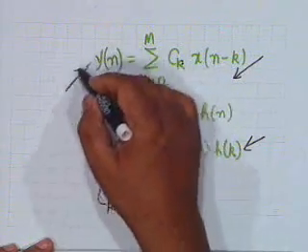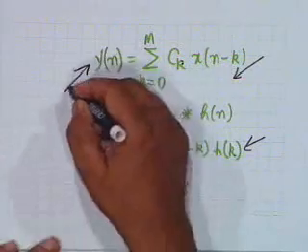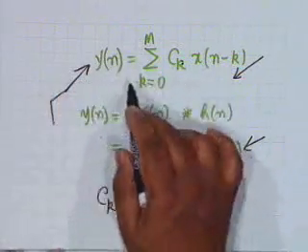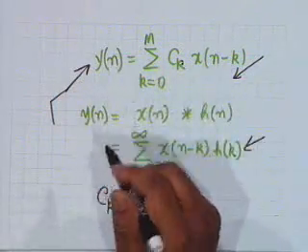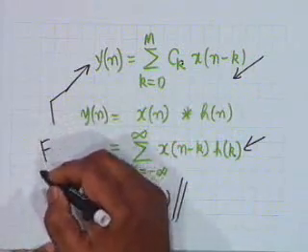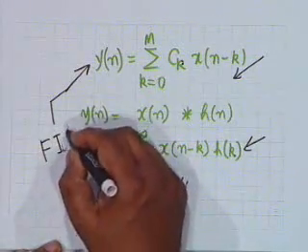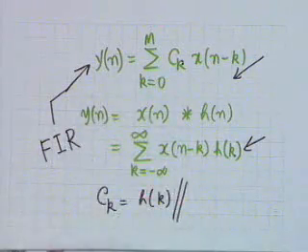This is a special case of the general convolution relation, and therefore we say it is not only a non-recursive system, it is a finite impulse response system.